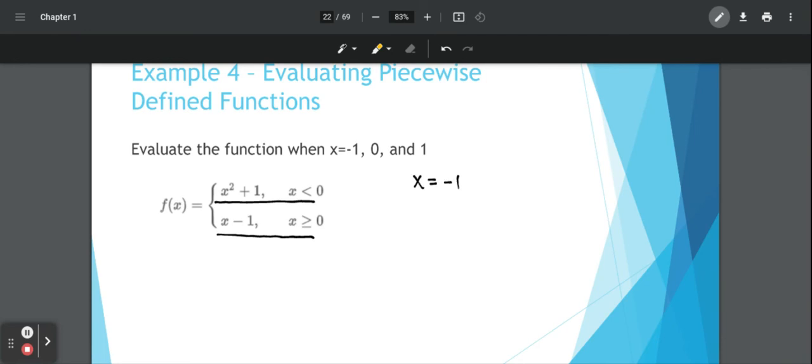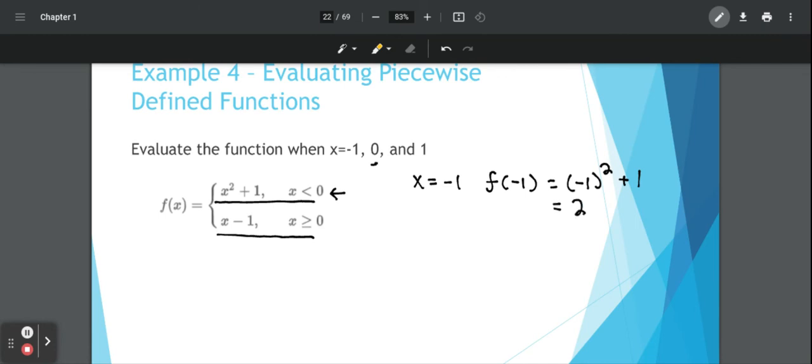So if x is negative 1, so if we're doing f of negative 1, we would say negative 1 is less than 0. So we're going to use x squared plus 1. So f of negative 1 would be negative 1 squared plus 1, which would just give us 2.